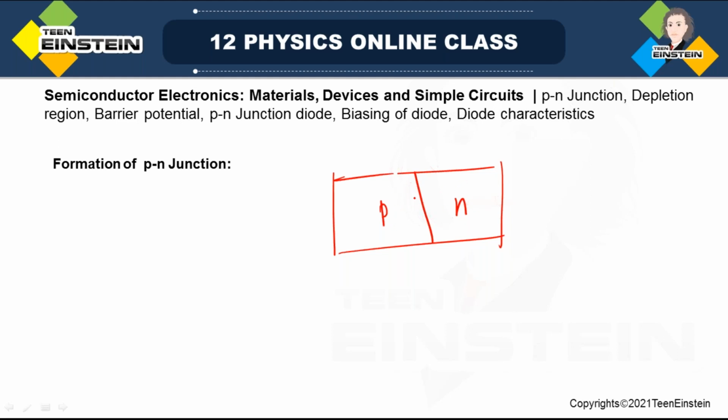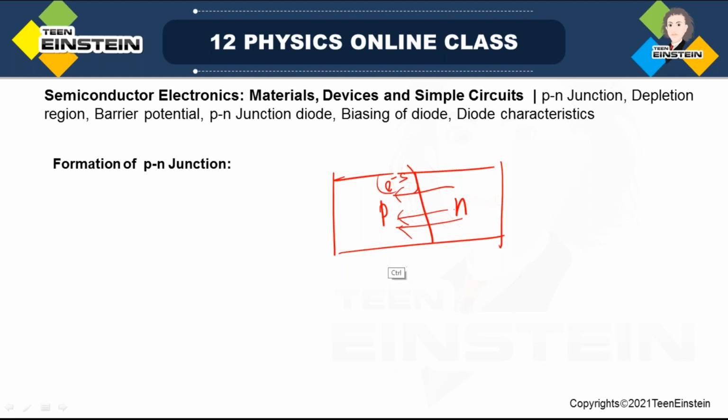You have many electrons in N and a large number of holes in P. The electron concentration is very low on the P side, so conduction electrons from the N side will diffuse to the P side.